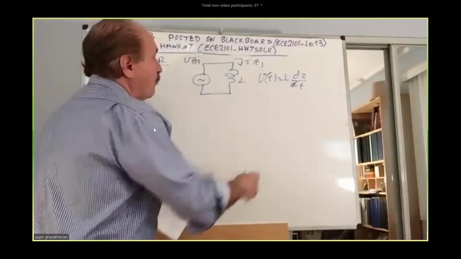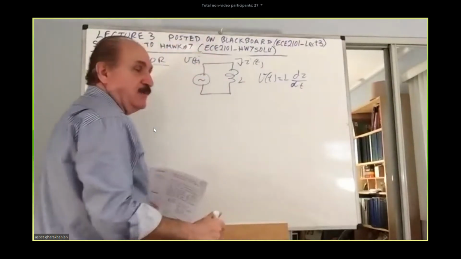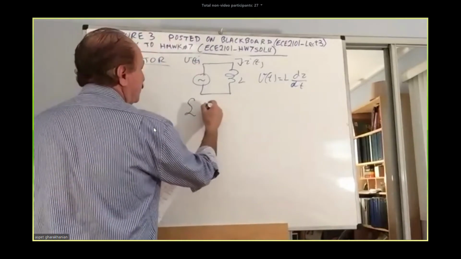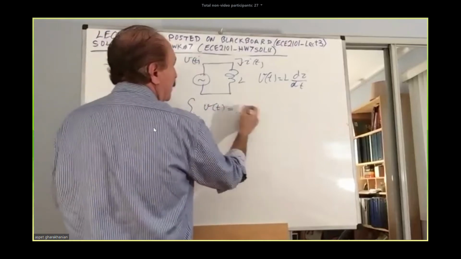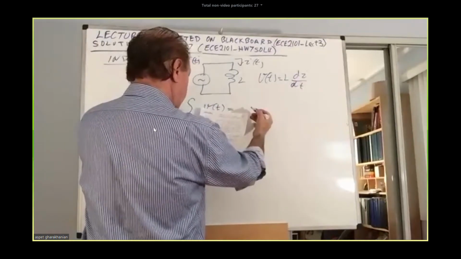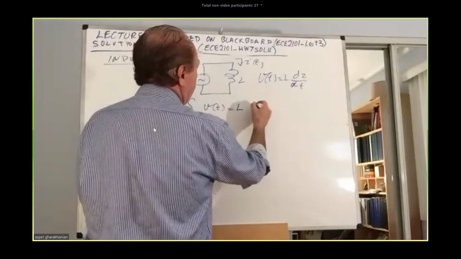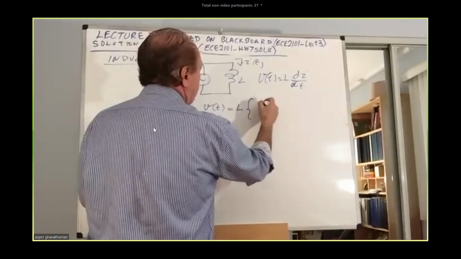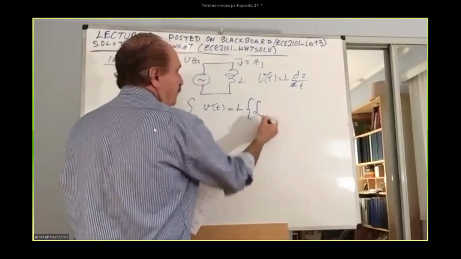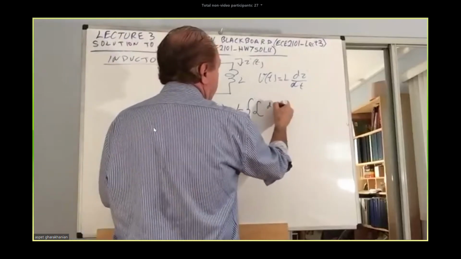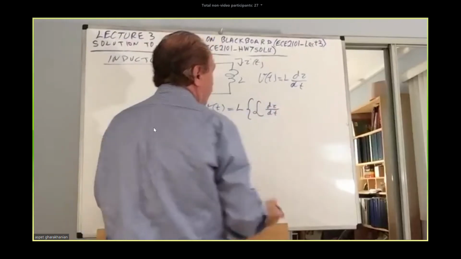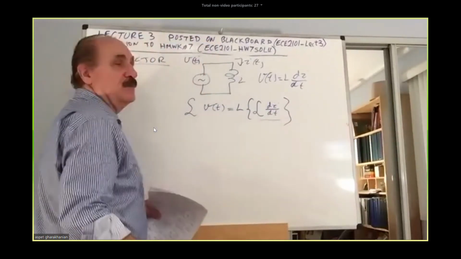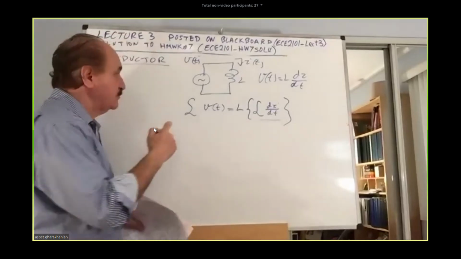So here, if you take that line and Laplace transform it, you will have L multiplied by the Laplace transform of di/dt. But the Laplace transform of di/dt we have from the properties.